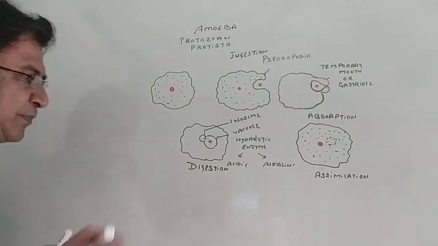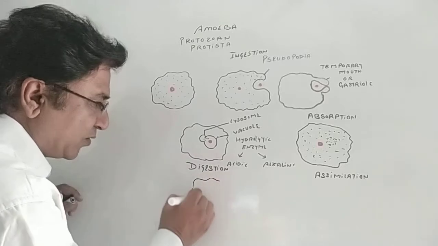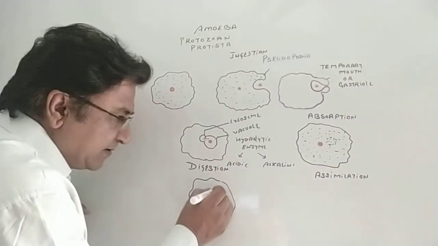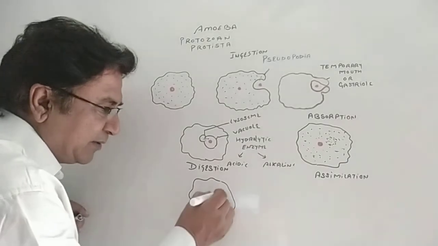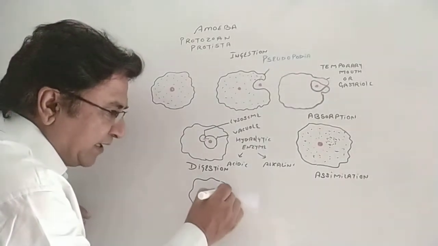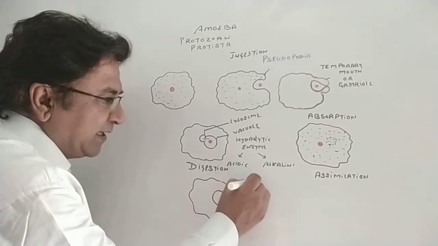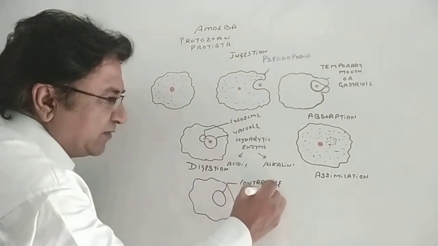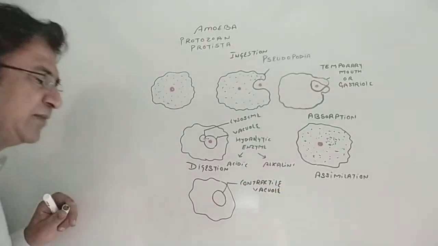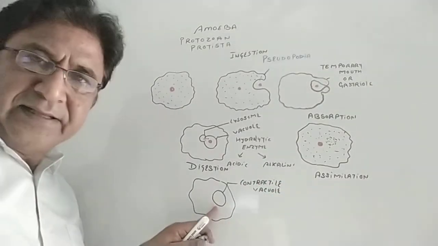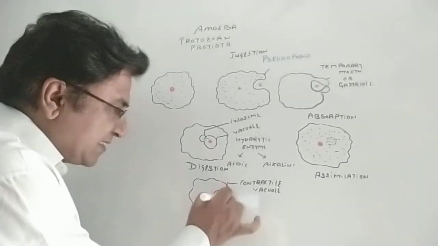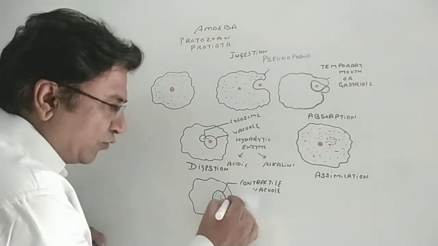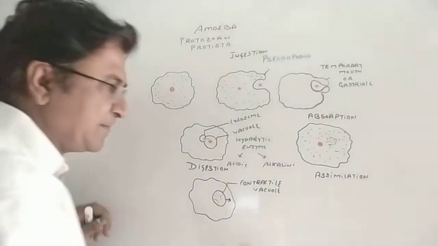How? Let us see. Egestion is another 3-mark question which can come. The wastes which are produced during metabolic function in amoeba are stored in the contractile vacuole, a vacuole which is produced temporarily in the animal cell. You know that. When it is fully filled, it starts moving towards the membrane of the cell.